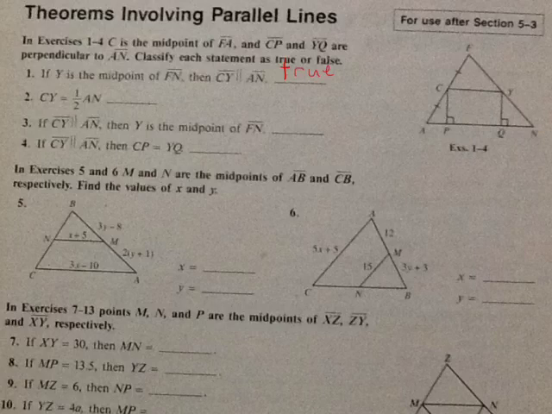The only way for CY to be 1/2 of AN is if the segment CY goes to both midpoints. CY goes to one midpoint, given to us in the instructions, but we do not know for sure if Y is the midpoint of segment FN. So we do not have enough information, and the answer to number 2 should be false.